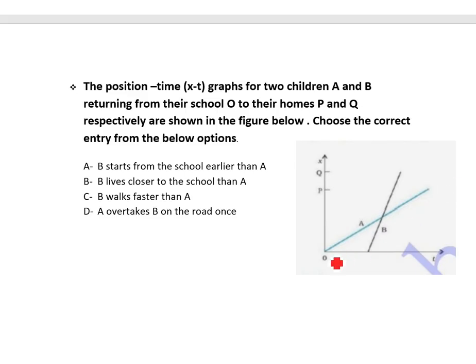From the graph you can see A is going from O to P, and B is coming from O to Q. So you can mark from the graph, it is clearly showing that B covers more distance within a small period of time, while A takes a longer time. So that means B walks faster than A. So question number 2 is B walks faster than A.